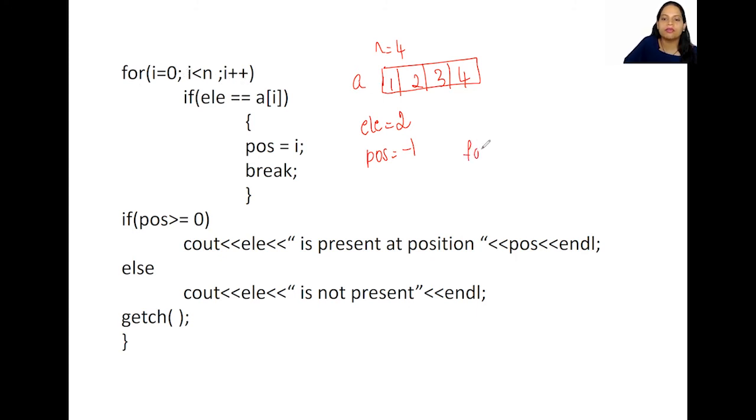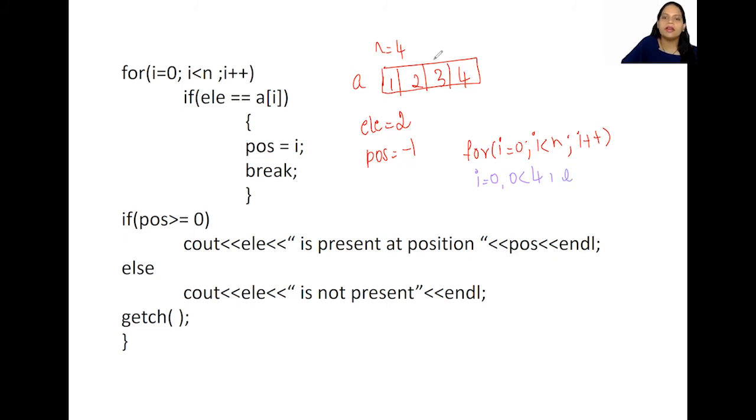So let us run this for loop and see. i equal to 0, i less than n, i plus plus. Initially the i value is 0, and 0 is less than our n value, which is 4. This is true, so we check the element.